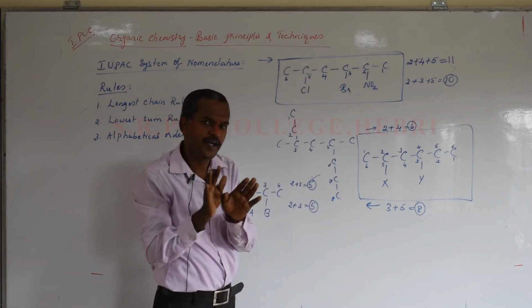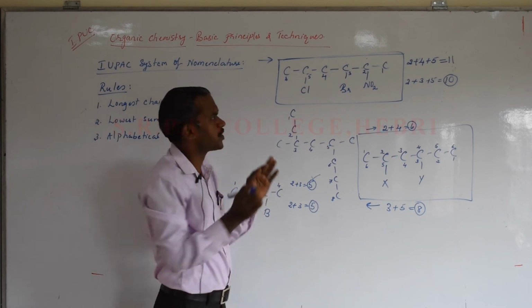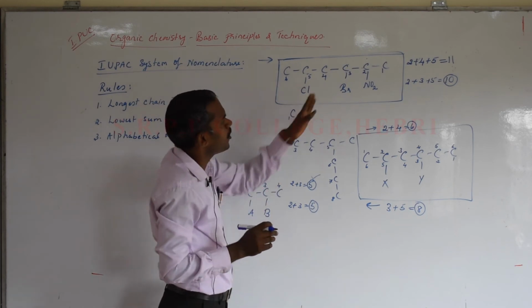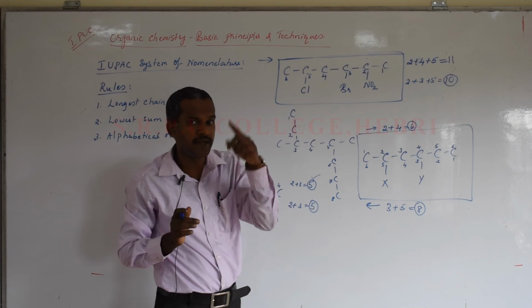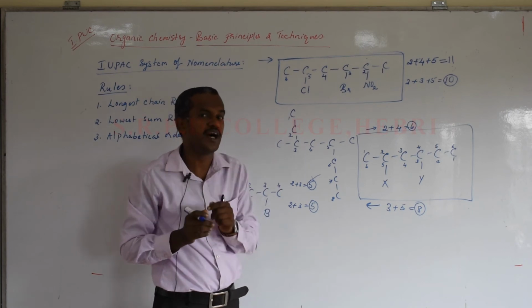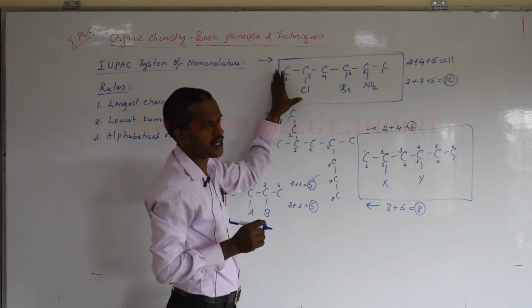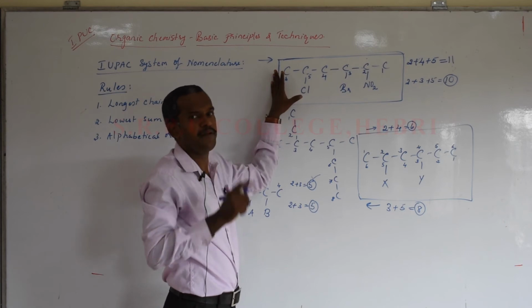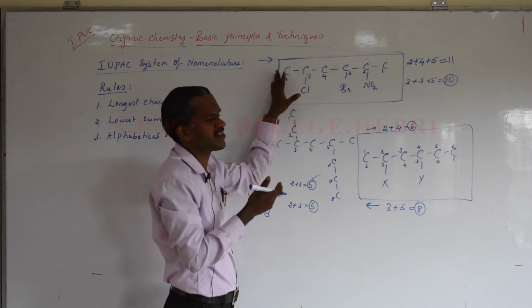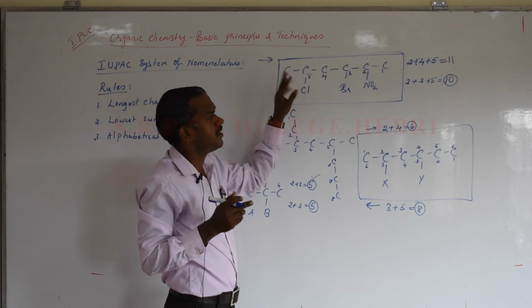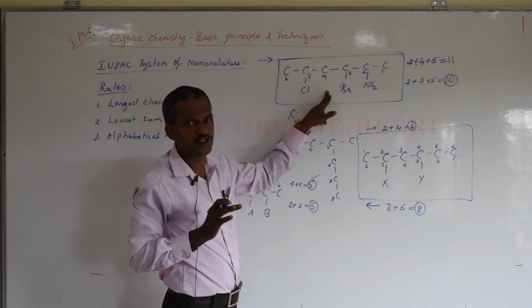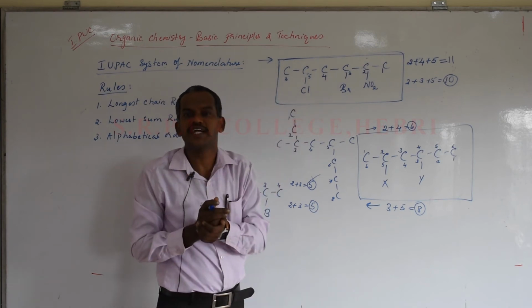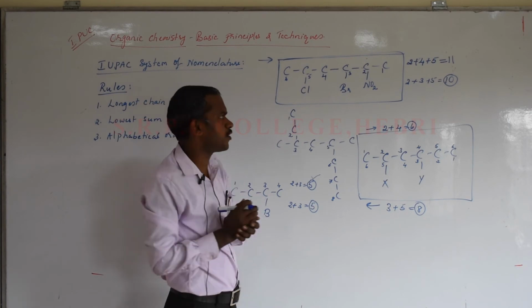Now, we understood the first rule and the second rule's application. Now, when you want to talk about the substituents, let me tell you what I told you in the last class. If you want to name this, primary prefix, is it having a cyclic structure? No. Then primary prefix is not there. Secondary prefix stands for the substituents, the different groups.